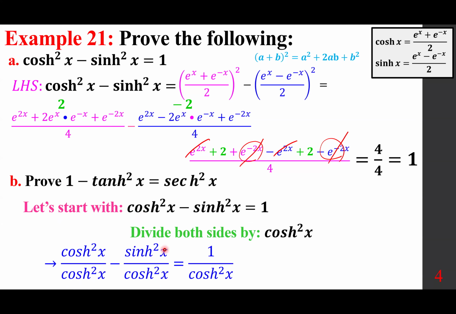Sinh over cosh is hyperbolic tangent, so minus hyperbolic tangent squared. 1 over cosh is hyperbolic secant, so squared, because this is squared. And believe it or not, that's the proof. So proving is very similar. The process of proving things here is very similar to proving identities as we did it in trigonometry.